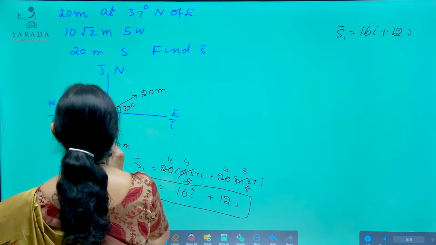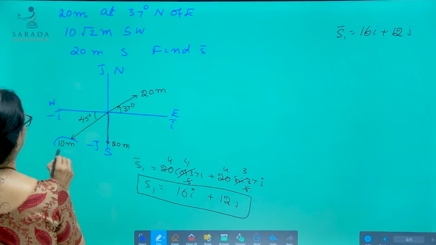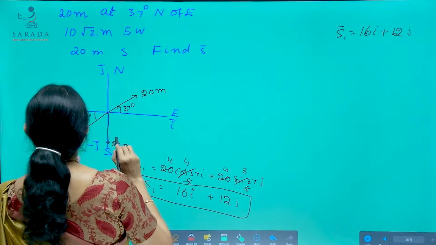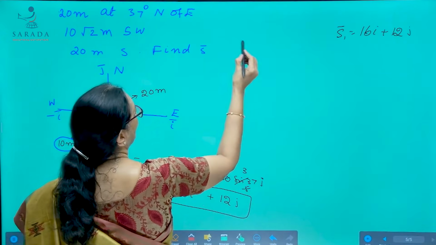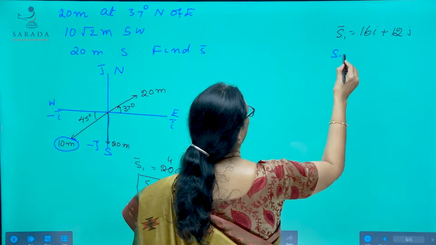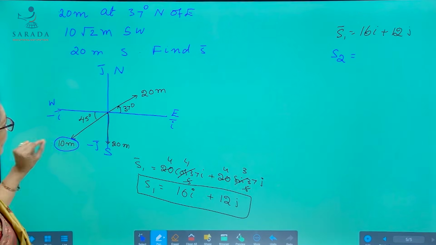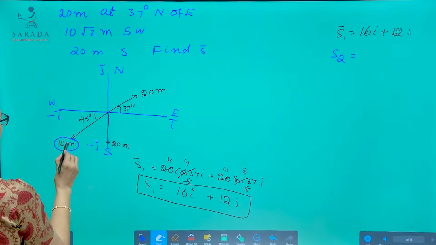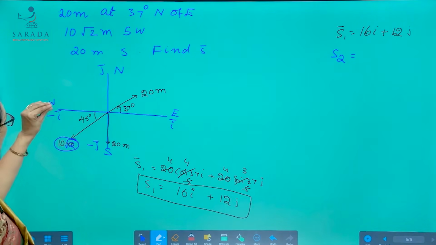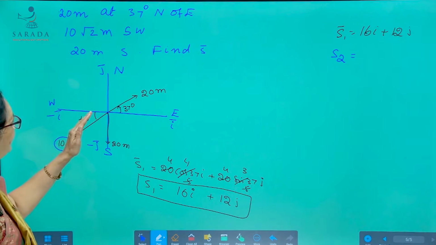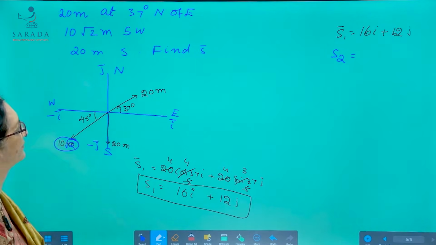Now, let us write S2 bar. Directly you can write its x component. S2 bar is equal to, this is 10 root 2 meters. 10 root 2 cos 45 is 10, 10 root 2 sin 45 is 10.